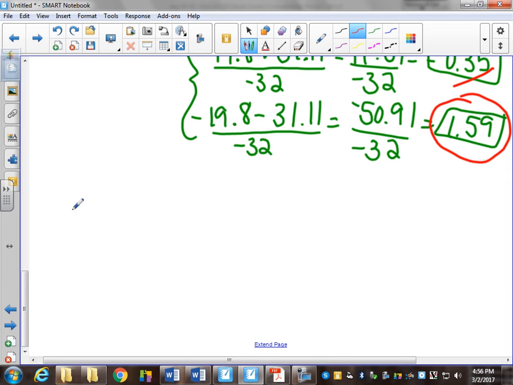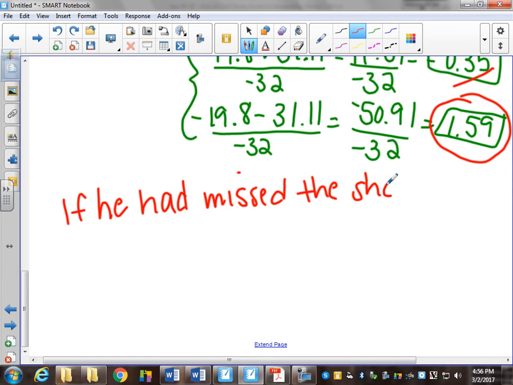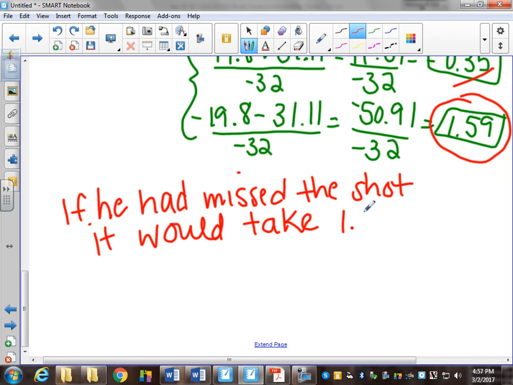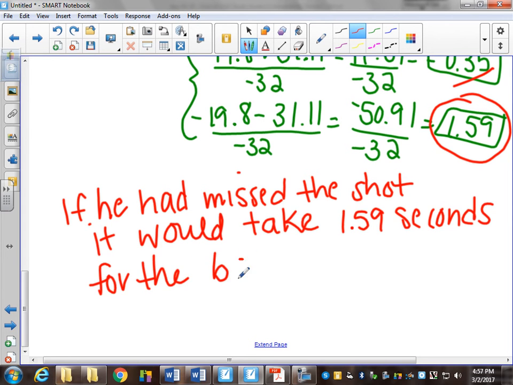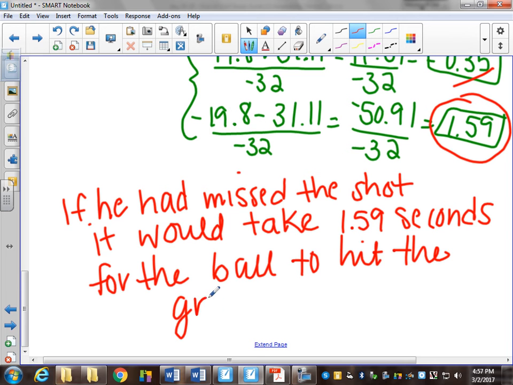And to bring that back into the context of the problem, if he, the basketball player, had missed the shot, it would take 1.59 seconds for the ball to hit the ground. And that's it. That's your answer.